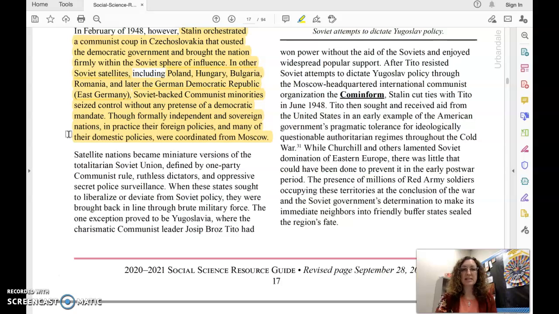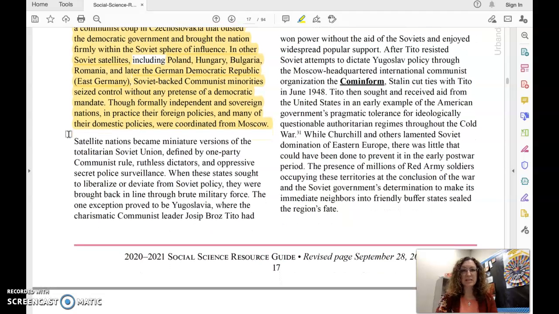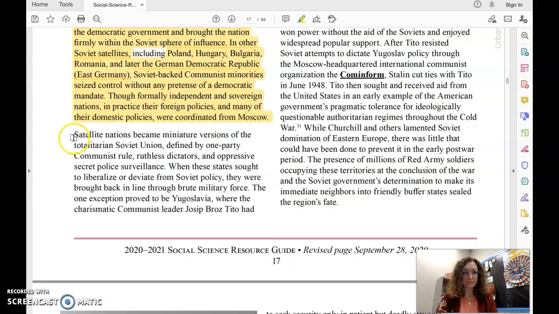And what happens is these minorities get control of these countries, sometimes with elections, but more often just by taking over. And we saw this happen recently in the country of Ukraine, where Russian-backed forces assisted the takeover of the country of Ukraine.